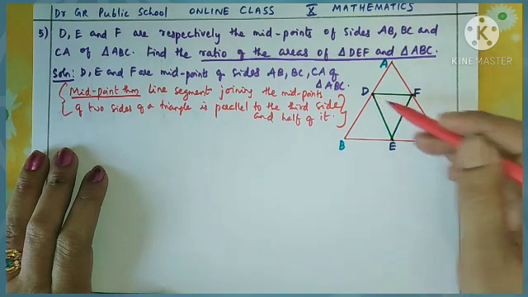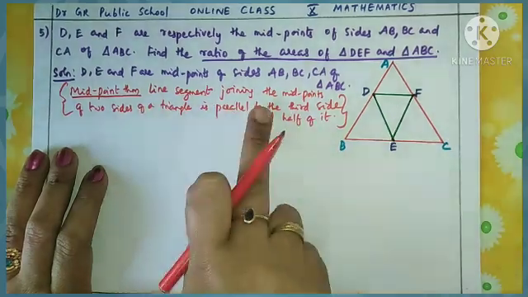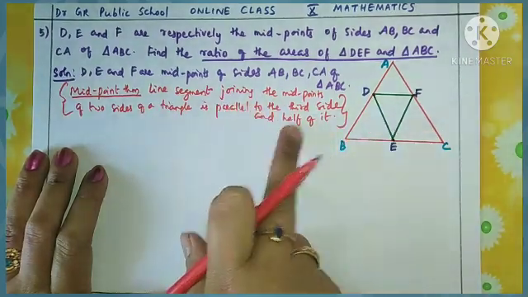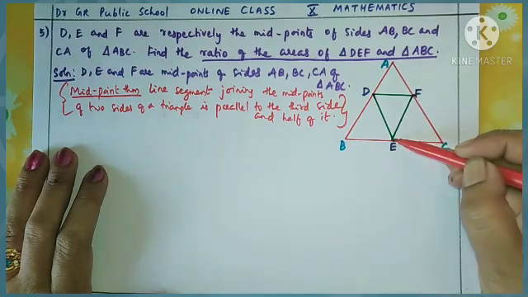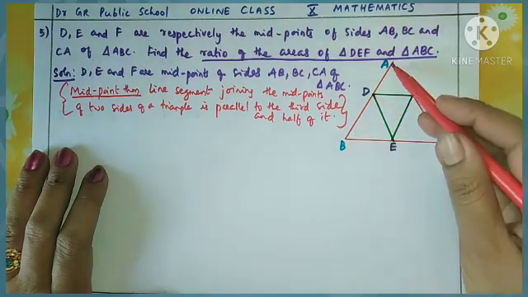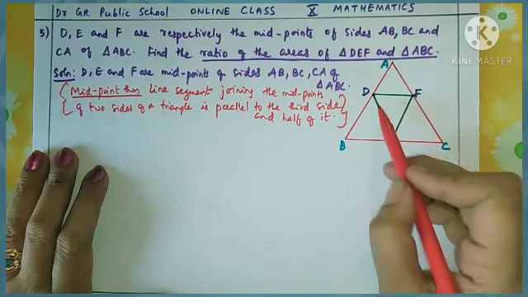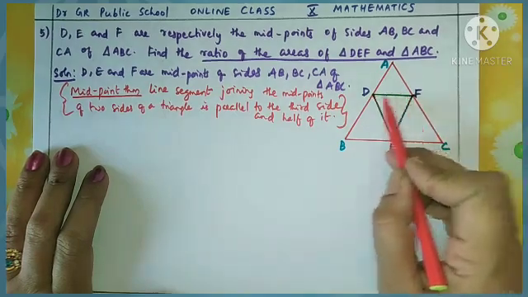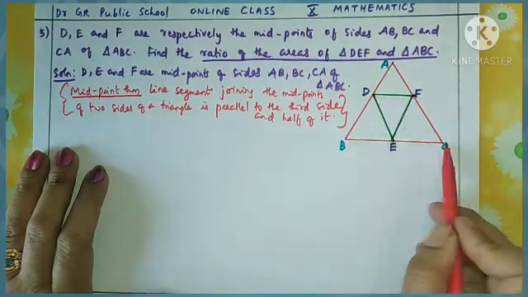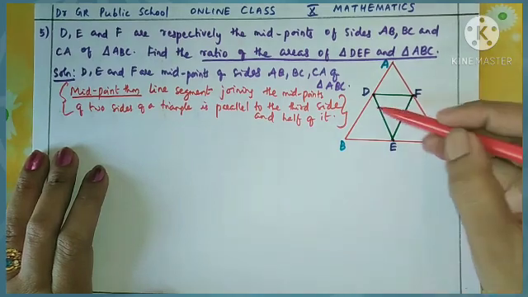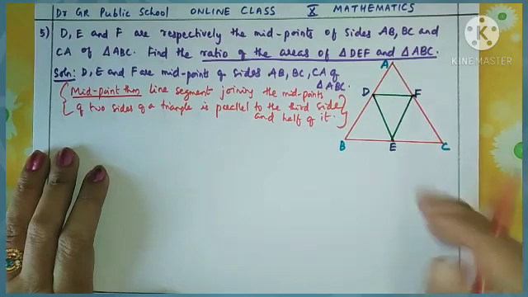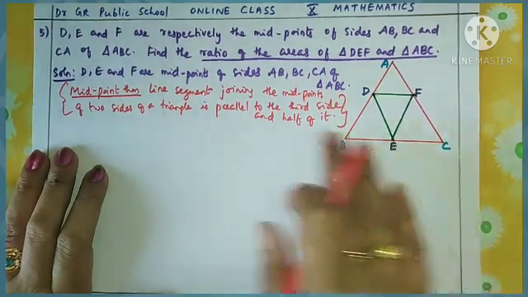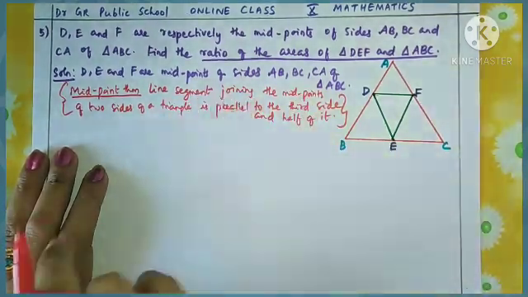So that is what we get from this theorem, so EF is equal to half of AB. Similarly, what you get for DF? DF is half of this base BC, and DE is half of AC. So these three results we are getting by using this theorem.